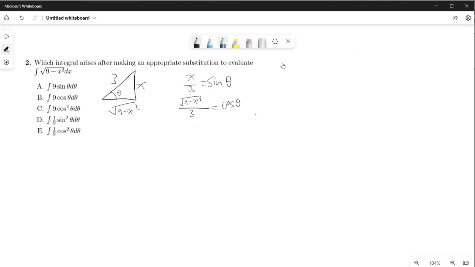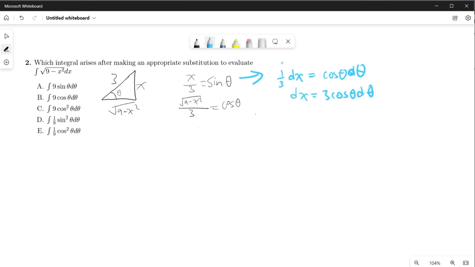Right. From the sine theta, we can get the dx. If we take the derivative of both sides, 1/3 dx would be cosine theta d theta, right? And thus we can just put the 3 over.